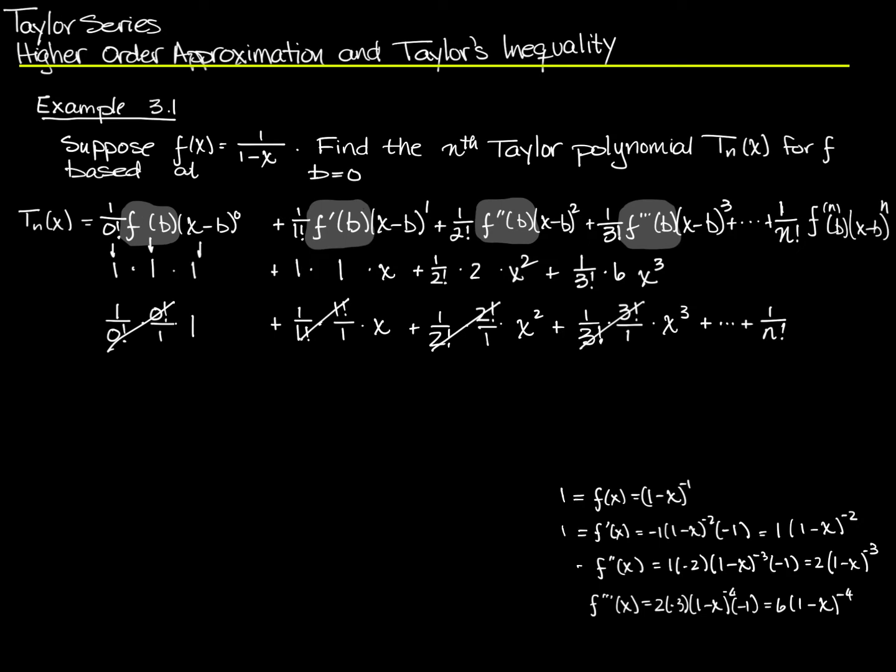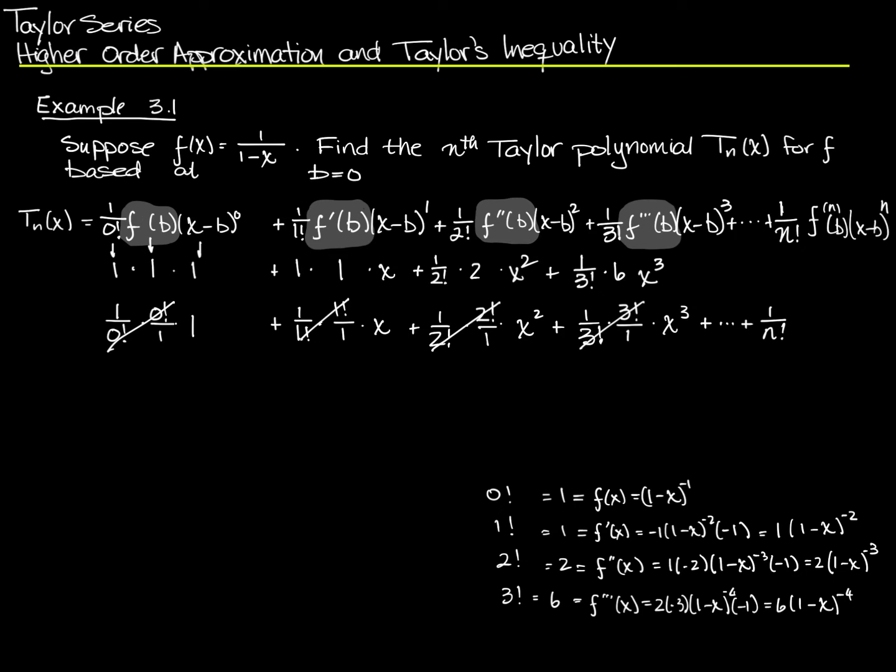This one was 1. This one was 6. Nope, it was 2. That was a 2. That was a 6. And 6 is 3 factorial. 2 is 2 factorial. We said we'll call that 1 factorial and that one's 0 factorial. And you can see there's just an ascending order of integers here, right? Starting with 0.